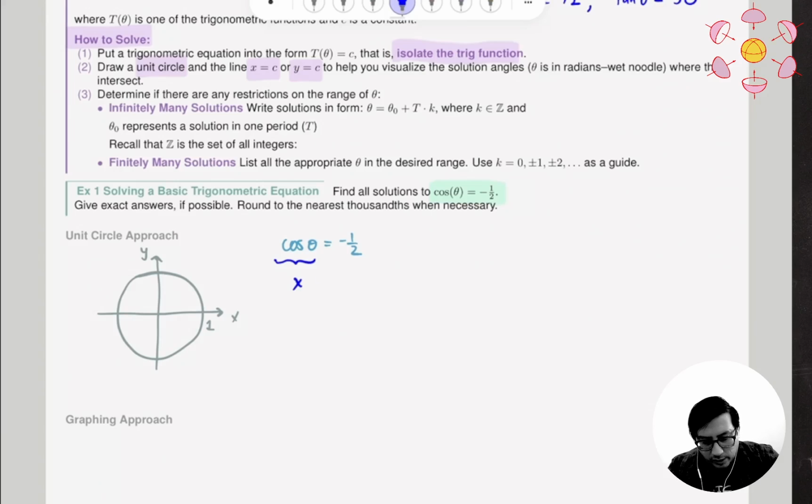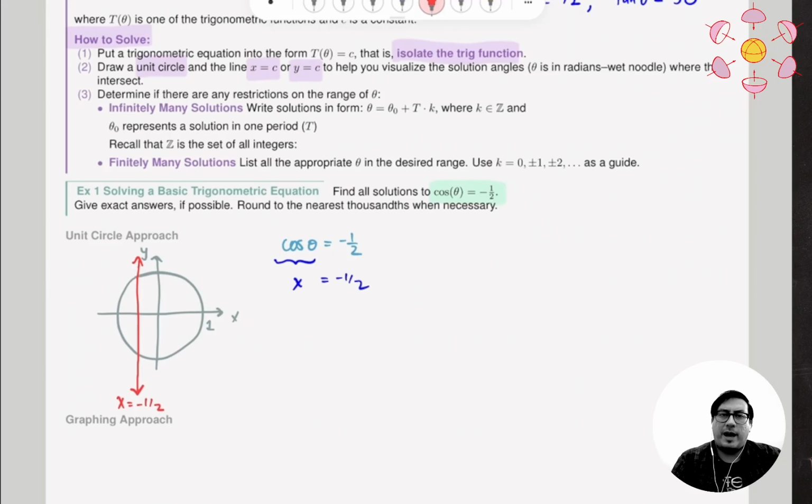So what I'm going to draw is the equation of the line x = -1/2, in red. -1/2 is somewhere right here, so I'm going to draw the line x = -1/2.